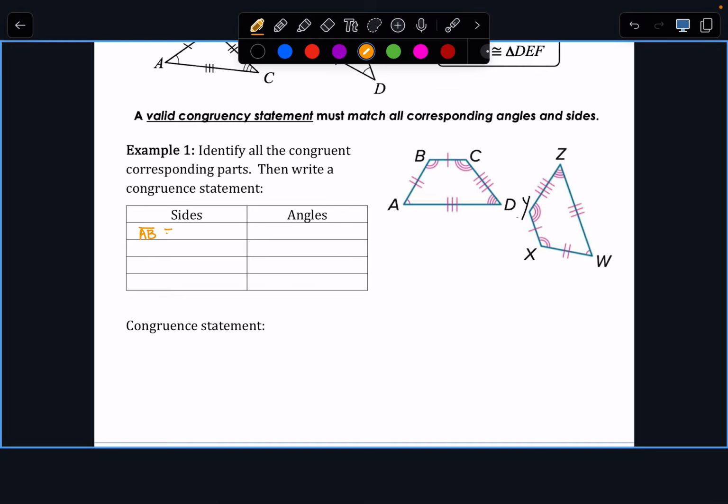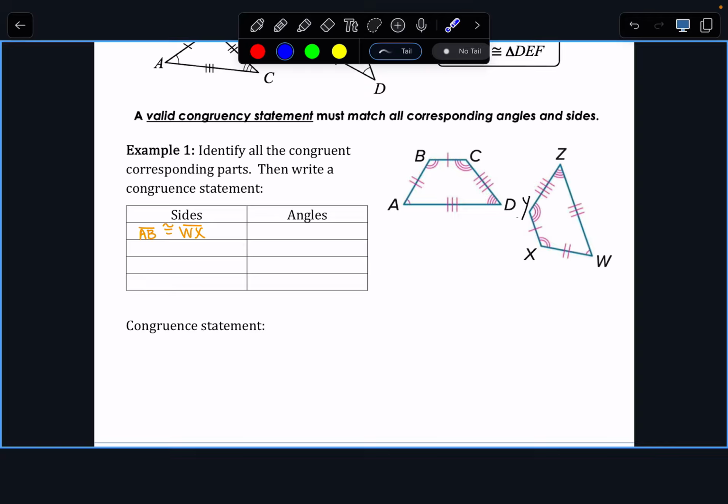Thank you for saying WX. That's a great question. So yes, these two are in the same space, but do you notice how A has the one swoop? So if I say AB, then I have to start here, WX.